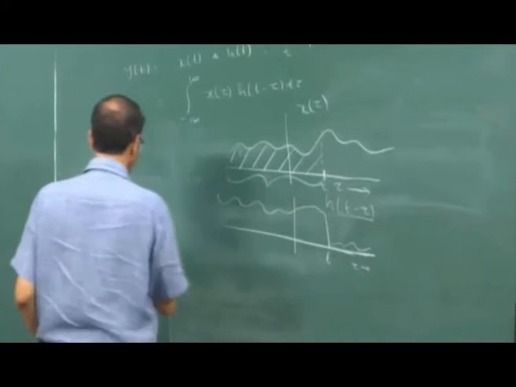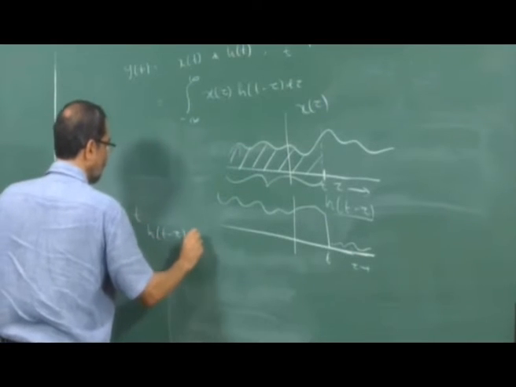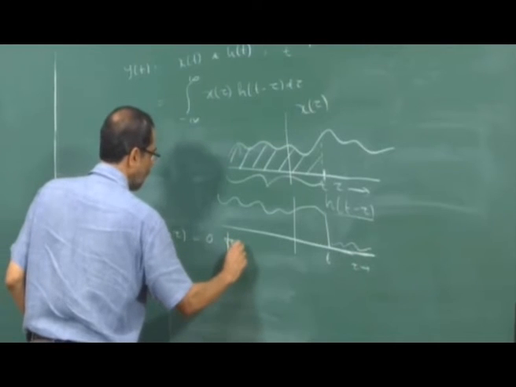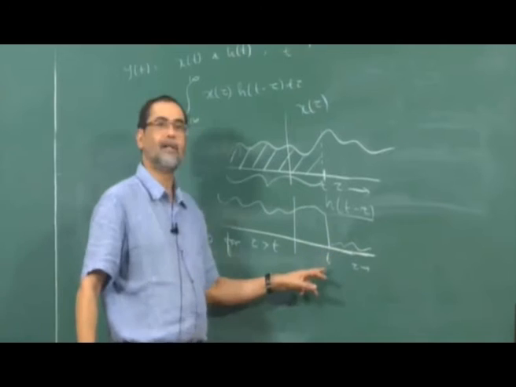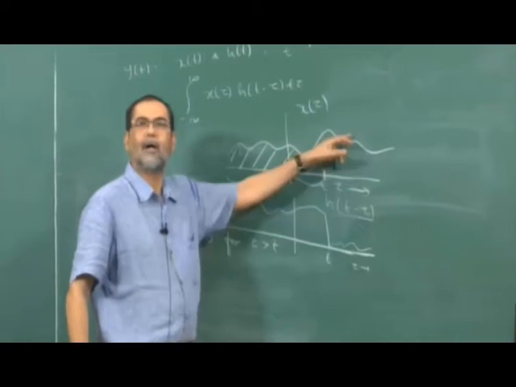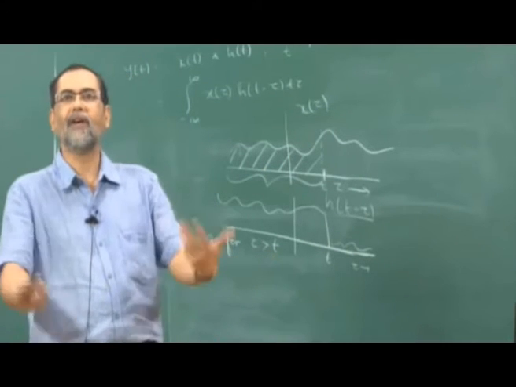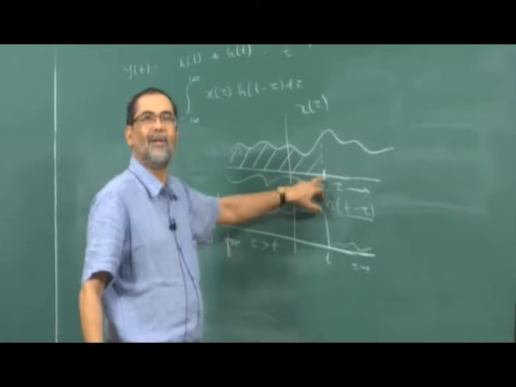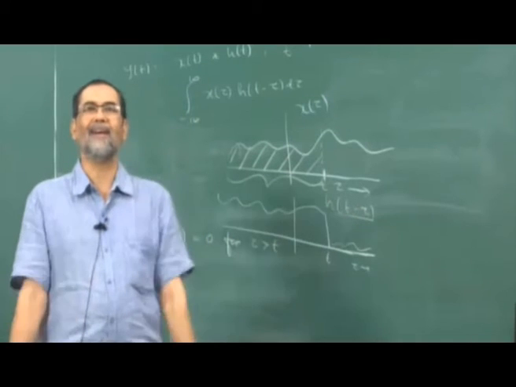So one requirement is at time t, h of t minus tau should be 0 for tau greater than t. Otherwise, they will have overlapping areas where you can find the product and find the area under the product for y at time t equal to t, in which case causality will be violated.